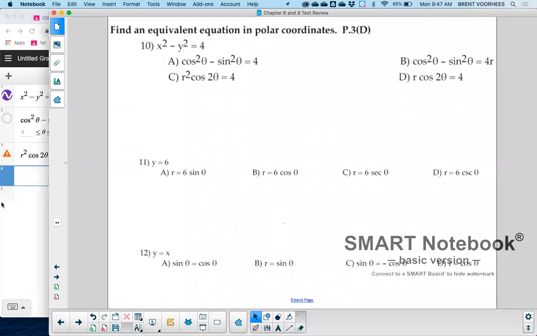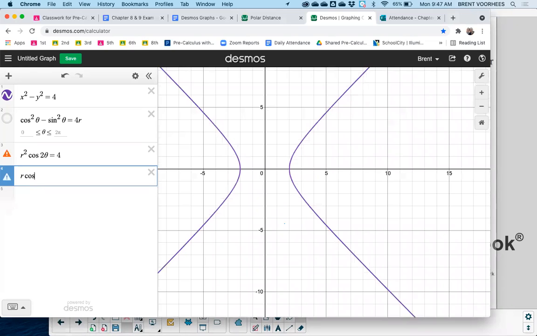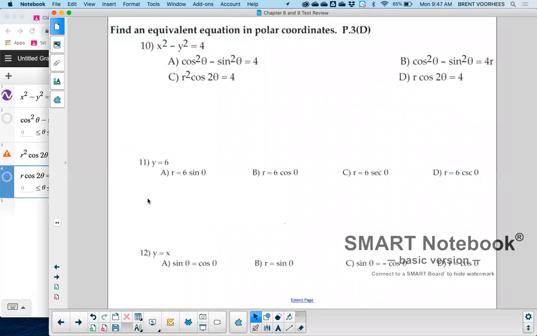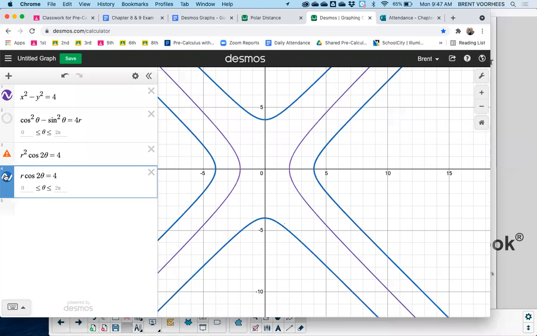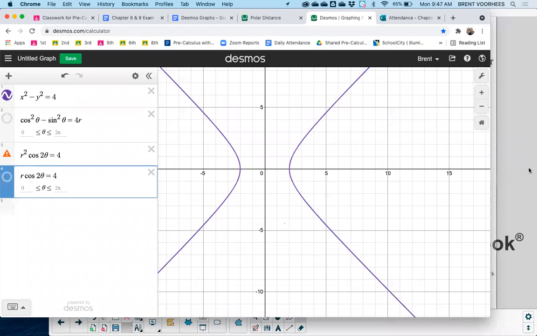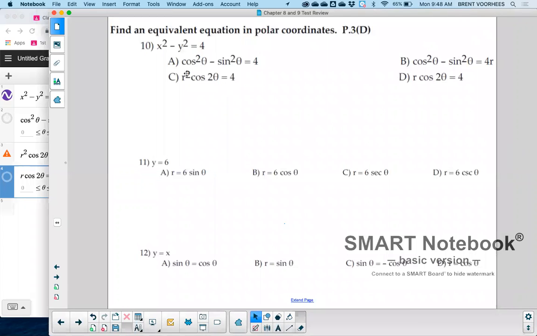R cosine 2 theta equals 4. Okay, we can see that one doesn't quite match. It's close, but it didn't quite match. So that one's out as well. So we know B and D are out. So the answer is either A or C.